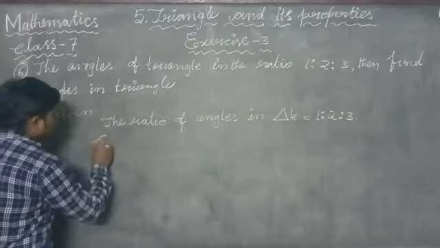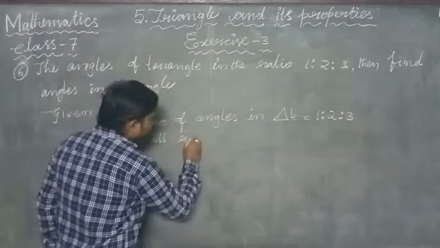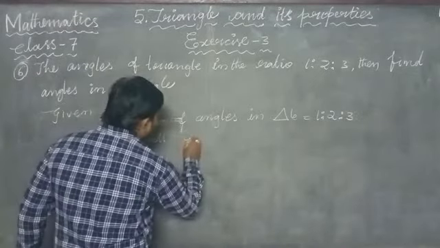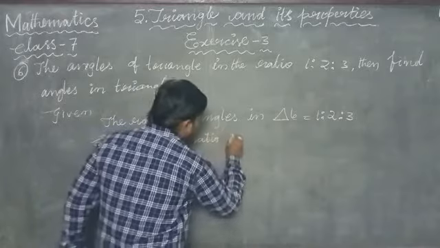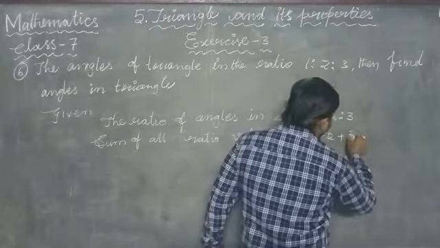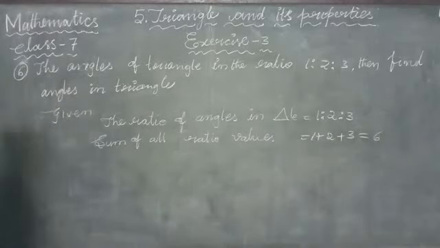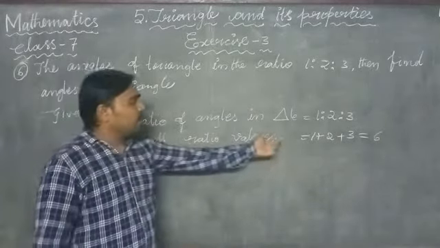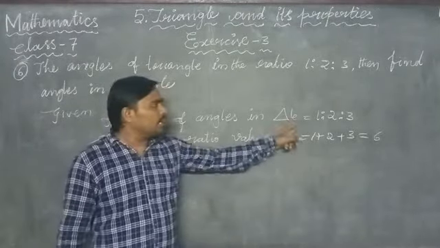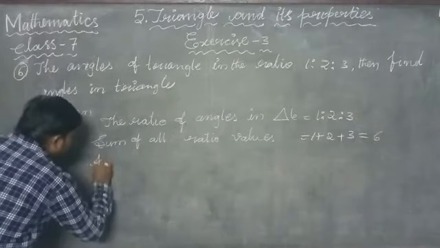Then the sum of all ratio values: 1 plus 2 plus 3, 1 plus 2 is 3, 3 plus 3 is 6. Here the ratio divides the sum of the angles in a triangle into 6 parts, that is 1:2:3.